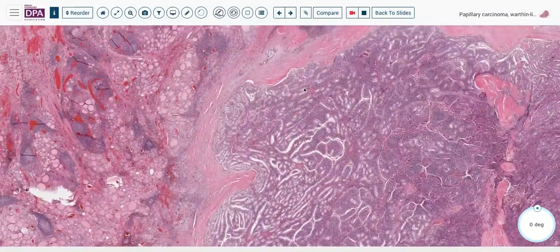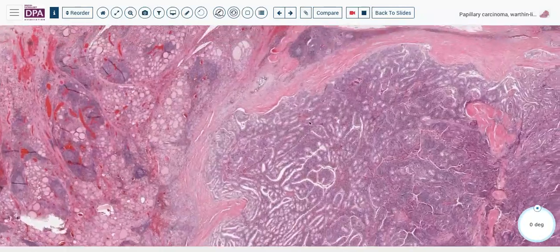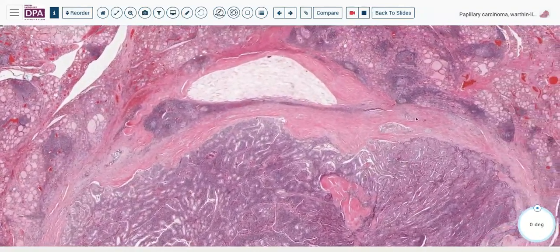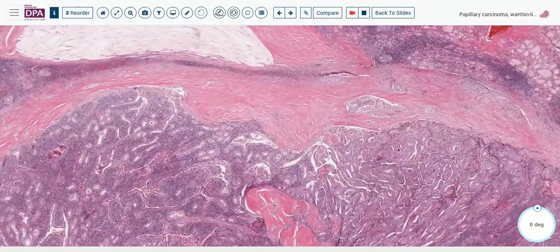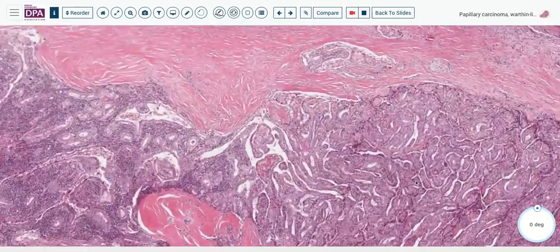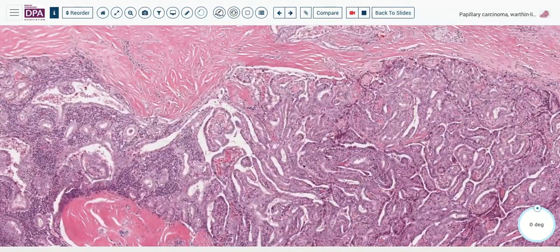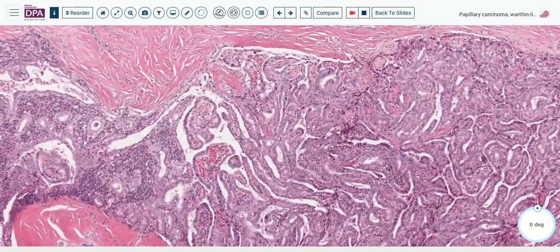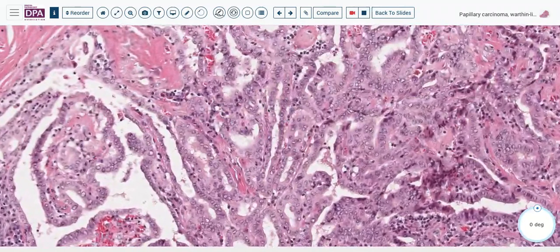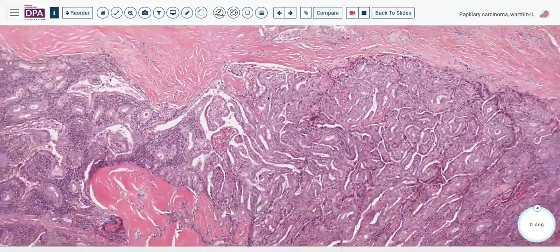But as we look at this, we can see that there are other features of papillary carcinoma here. We've got a capsule with areas of certainly infiltration into the capsule and sclerosis of the tumor, papillarity to the architecture. And here's an area without much of that lymphoid stroma with typical papillary thyroid features.